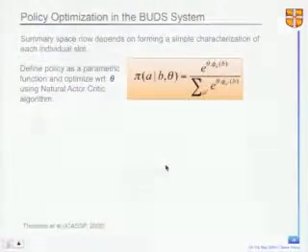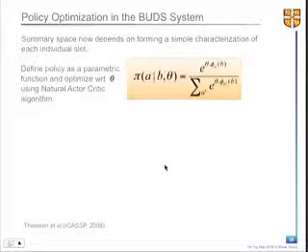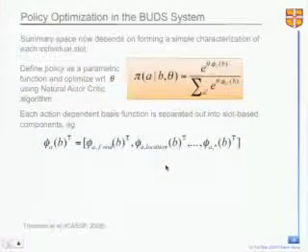The other problem is how you actually build a policy on top of this very large Bayesian network. Again, there are ideas in the literature for doing this, and given the time, I should not spend long on this. Essentially what we do is construct a stochastic policy. There's no summary space now. We're building the policy directly on the full Bayesian network, but we are assuming that there's a very limited set of actions. So we represent a policy stochastically using a softmax with a load of basis functions, and we have a basis function for each possible action, and there's a limited set of these.